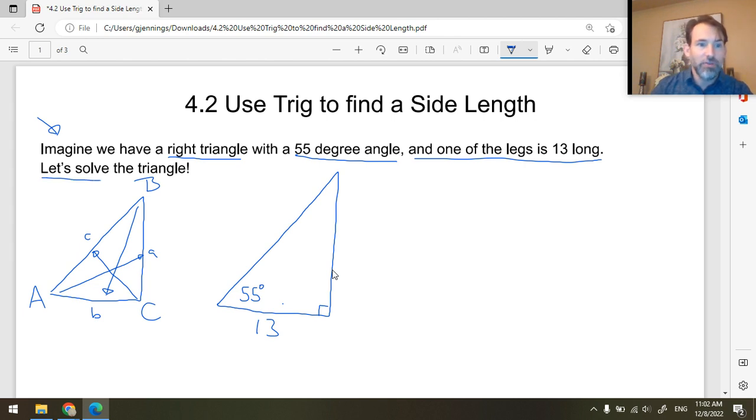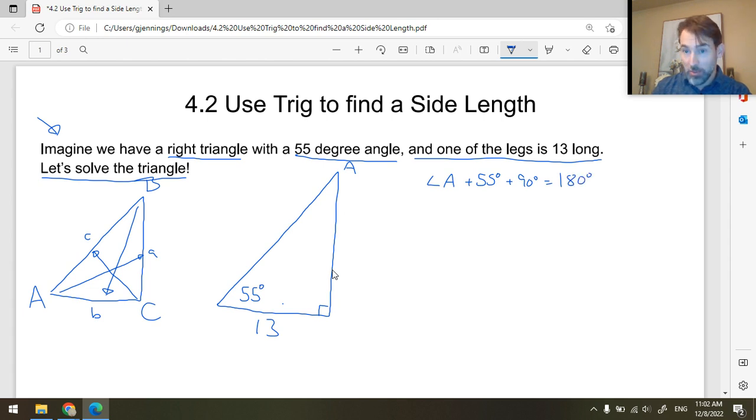Okay. Let's solve the triangle. What that means is solve the other angles and solve the sides. So to solve for this angle up here, let's call it A. All right. And so we would have angle A plus 55 degrees plus 90 degrees is 180 degrees.